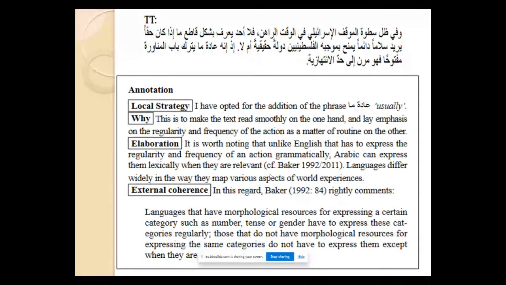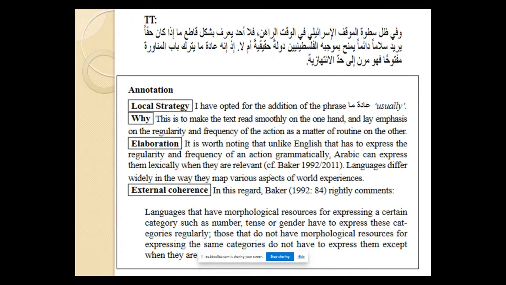The reason for that is that this makes the text read smoothly on the one hand and lays emphasis on the regularity and frequency of the action as a matter of routine on the other, because we know that "usually" is an adverb of frequency. So when we add it, this refers to the frequency or repetition of the action to the extent that it becomes a habit.